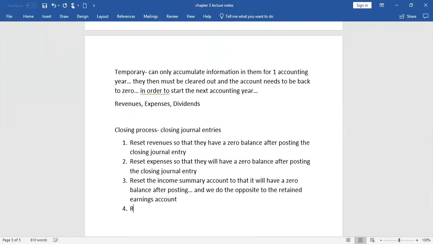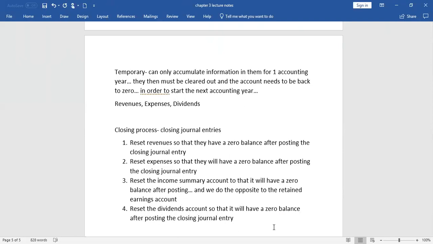The final journal entry is to reset the dividends account so that it will have a zero balance after posting the closing journal entry, just like the other ones. Okay, but dividends, they go on more of a direct route than our revenues and expenses. But that's what we're accomplishing, and that's it.